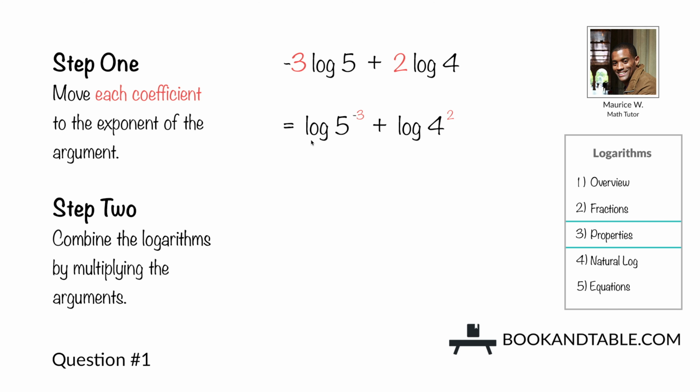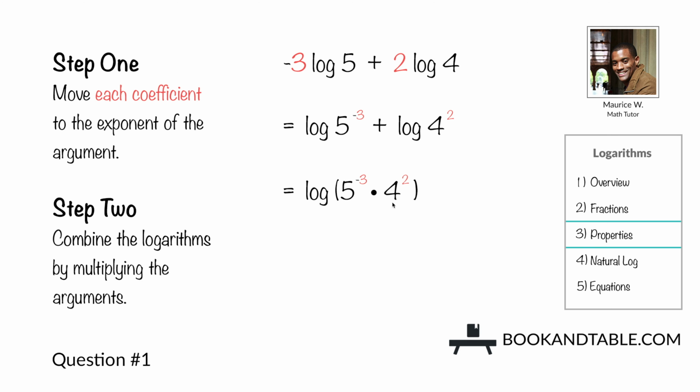And that leaves us with the log of 5 raised to negative 3 plus the log of 4 raised to the power of 2. And since we are adding 2 logarithms with the same base, we can use the product rule to combine these 2 logarithms into a singular logarithm by multiplying the arguments.